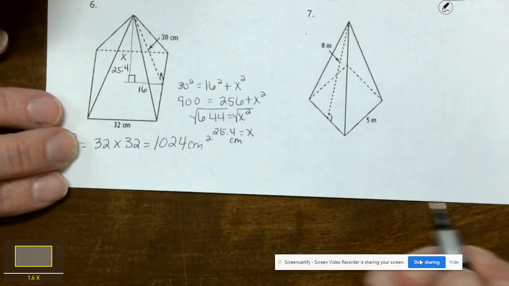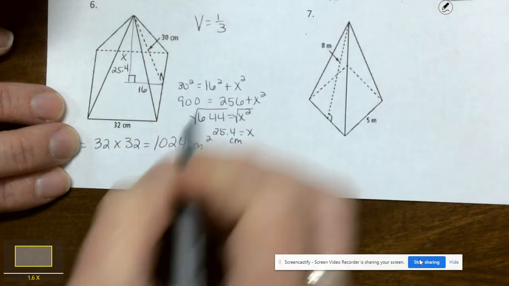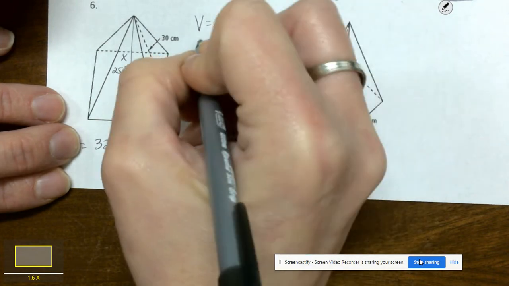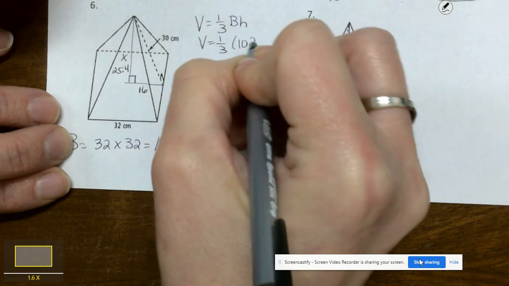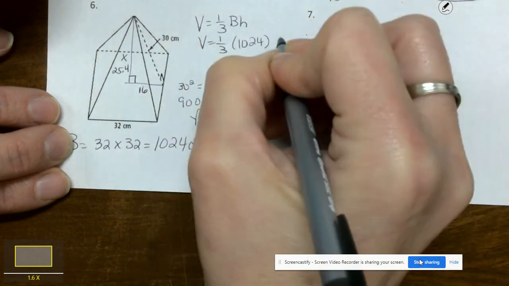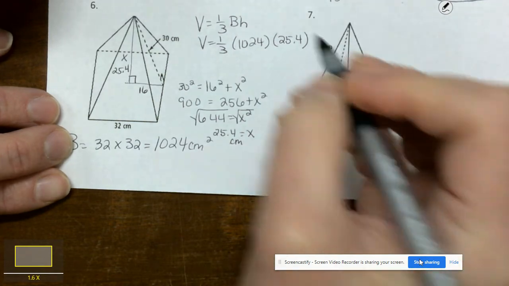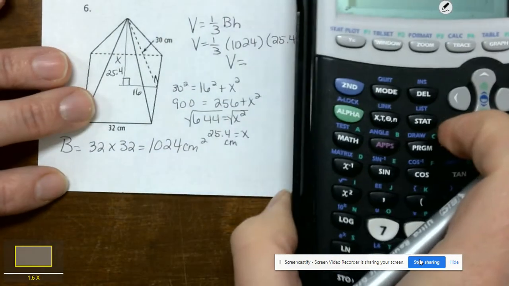Now I have the height. So now I can fill in to 1/3 base times height. Okay, my base is 1024. My height is 25.4. And then we're going to key this in the calculator.